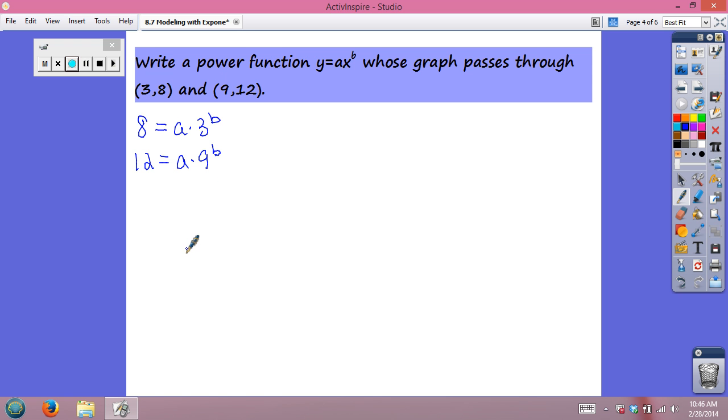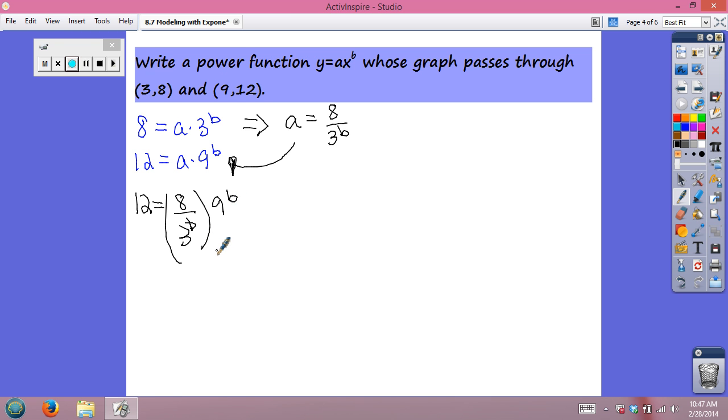Once again, first thing we want to do, solve one of our equations for a, and I believe I'm going to do this one. So we get a equals 8 over 3 to the b power. Plug that into our other equation. We get 12 equals 8 over 3 to the b power times 9 to the b power.